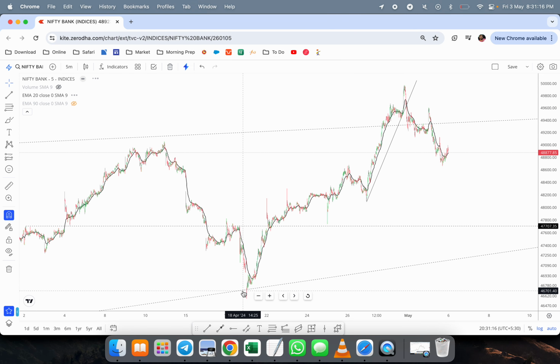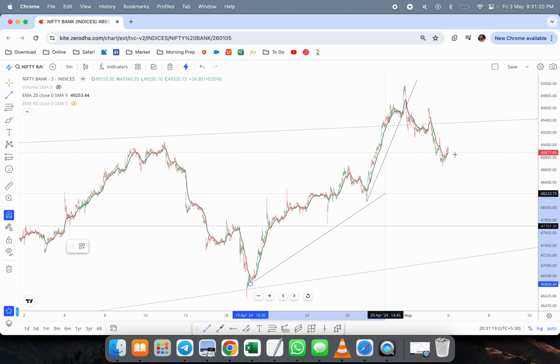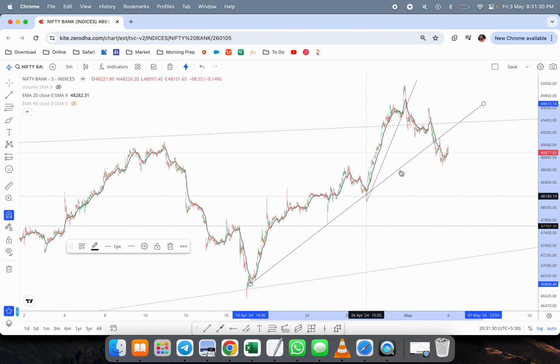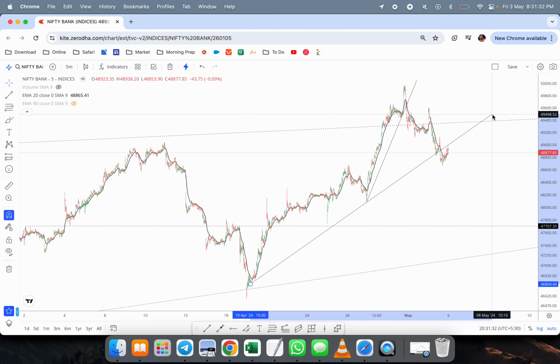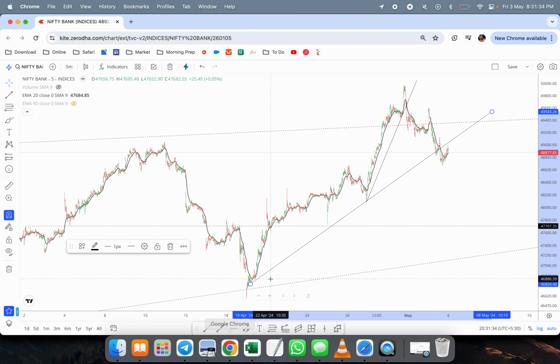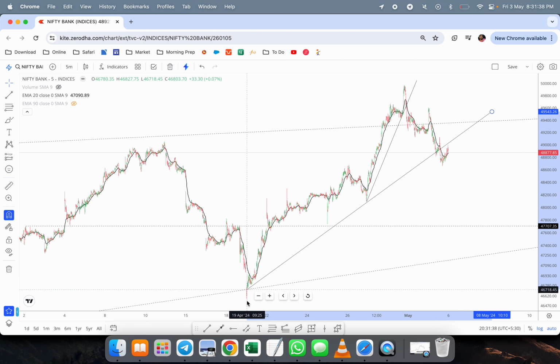Even if we start from the 18th, 19th of April, let's draw a trend line. Either we can draw to touch this point and this point, or we can even draw to touch this point and this point, or we can even draw this from here.